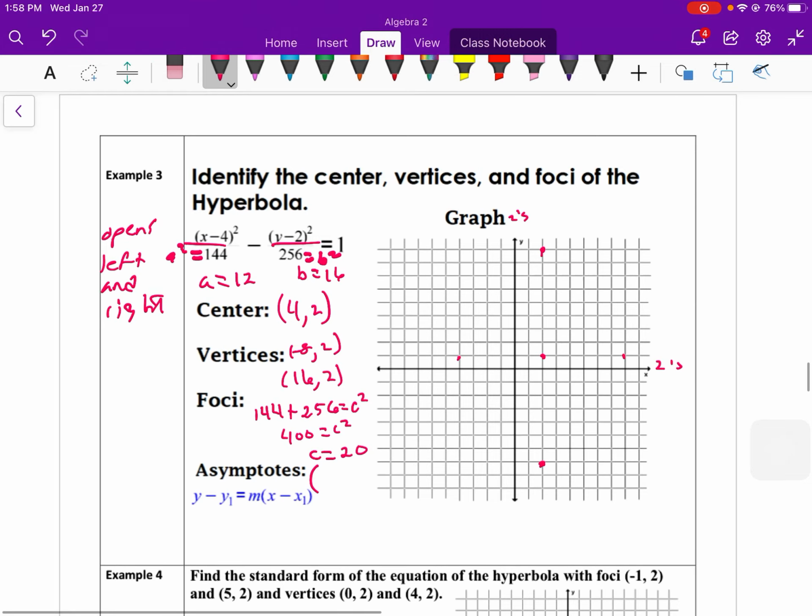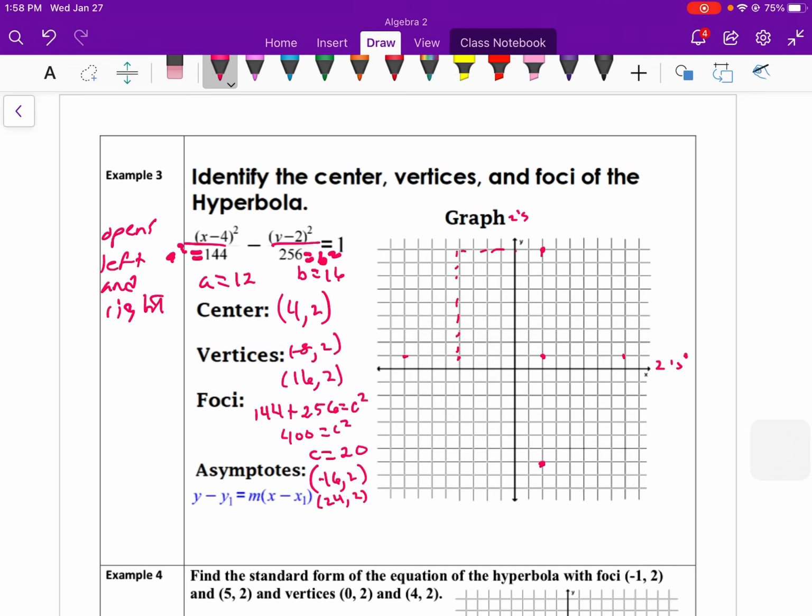So 4 minus 20 is negative 16, 2, and 4 plus 20 is 24, 2. So we have negative 16, and then 24. That still exists off the graph out here.